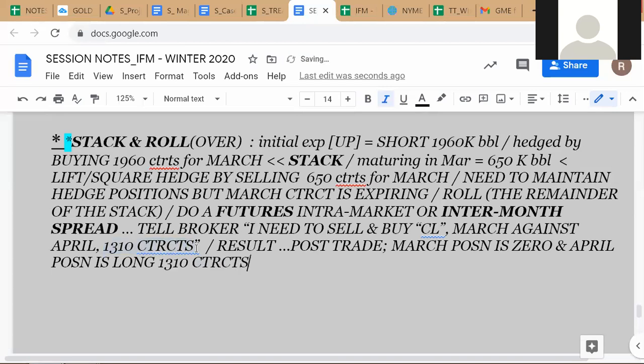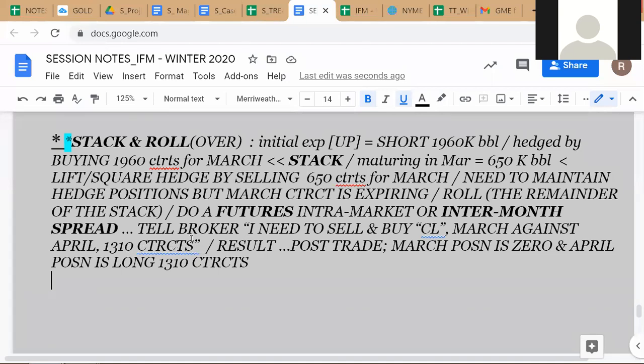You can see it visually. First you open a hedge position by buying 1960 contracts for March. Then you adjust this in two steps. As March is maturing, you buy back 650K of the contracts for March. That leaves you long 1310 contracts for March.